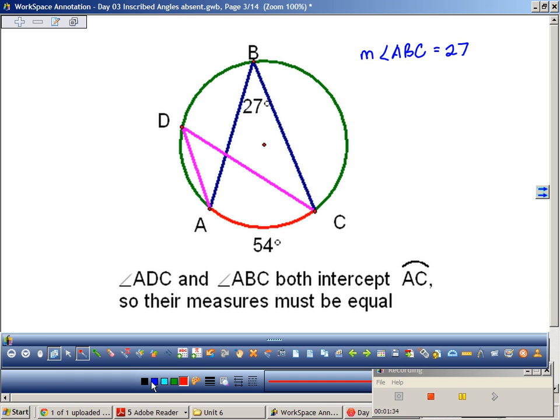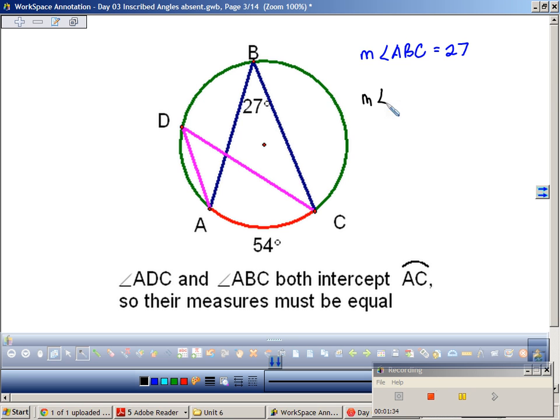So let's write that as, the measure of angle ABC is going to be half the measure of arc AC.